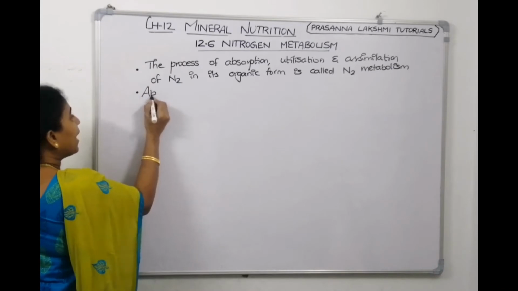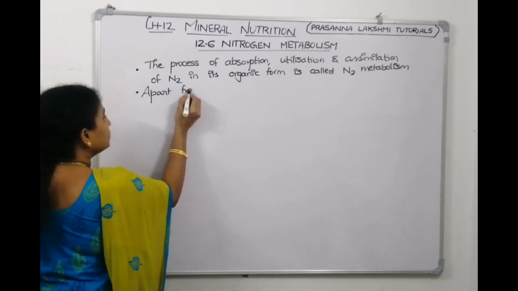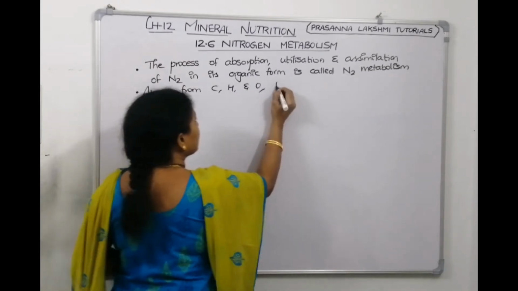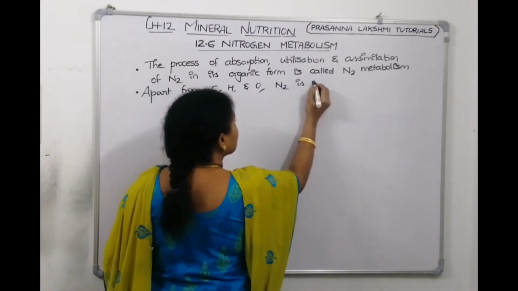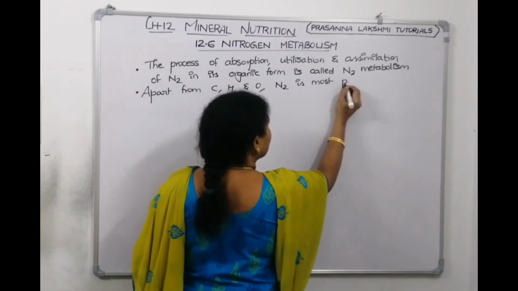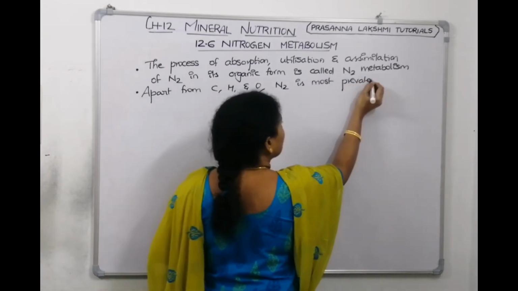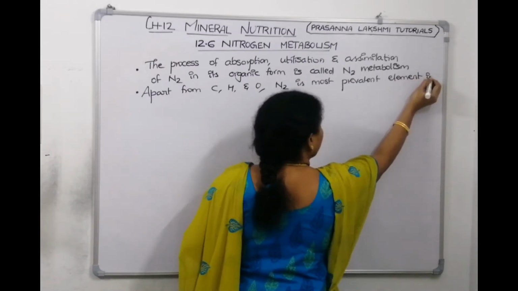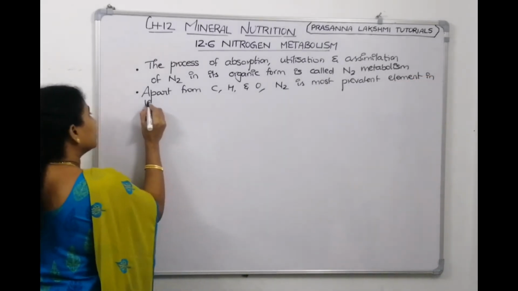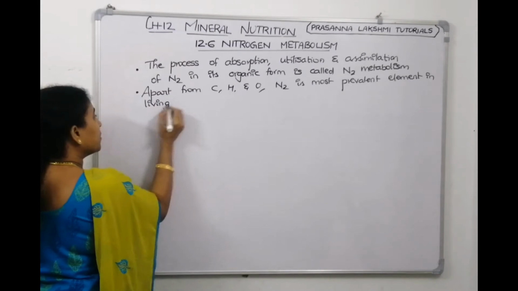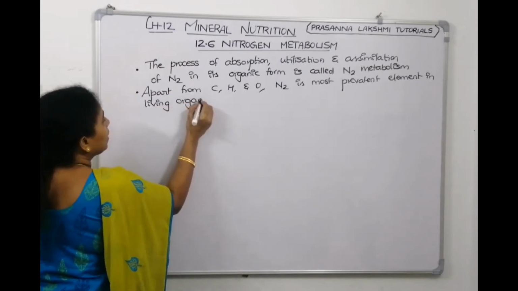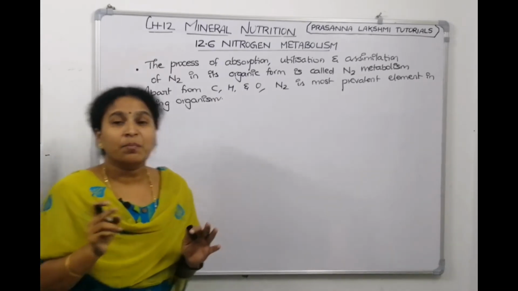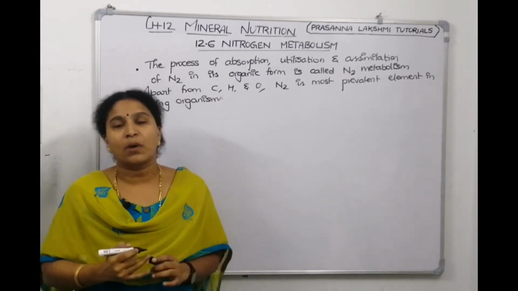Second point, apart from carbon, hydrogen and oxygen, nitrogen is the most prevalent element in living organisms, right? After CHO, nitrogen is required by the plant in more quantity.